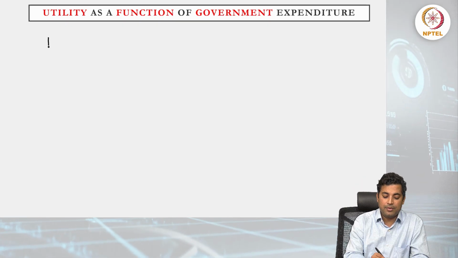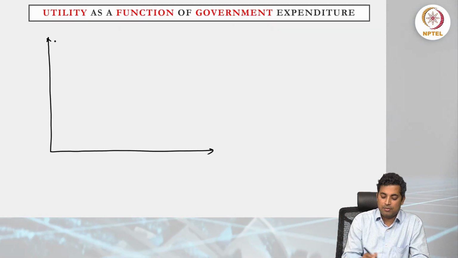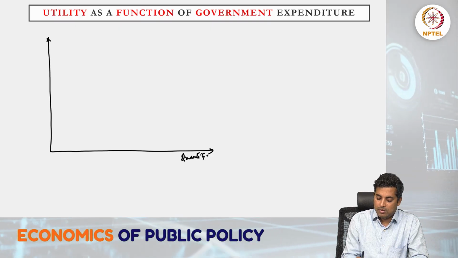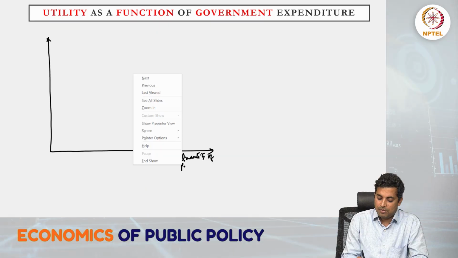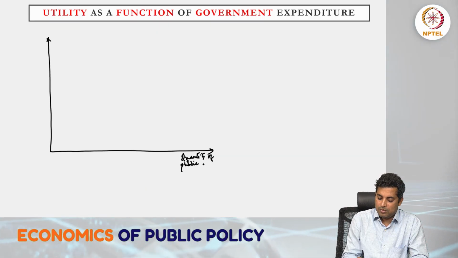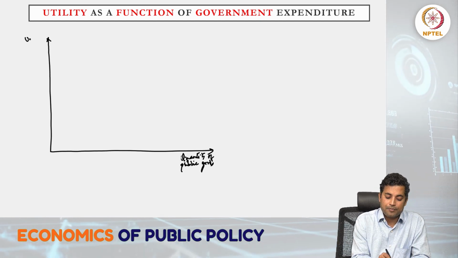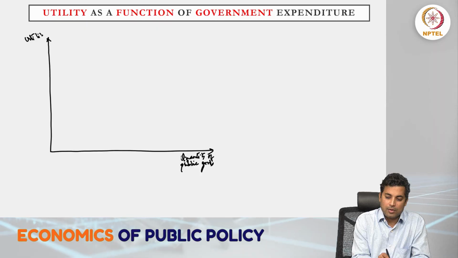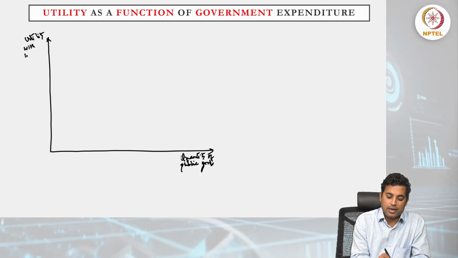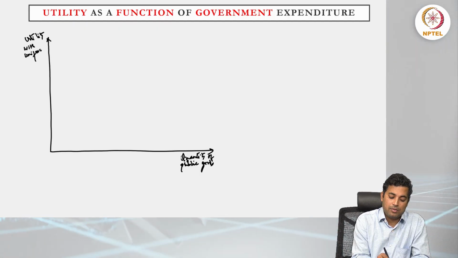We again will plot the quantity of goods here, and here the utility, assuming uniform taxation, which has only an income effect.